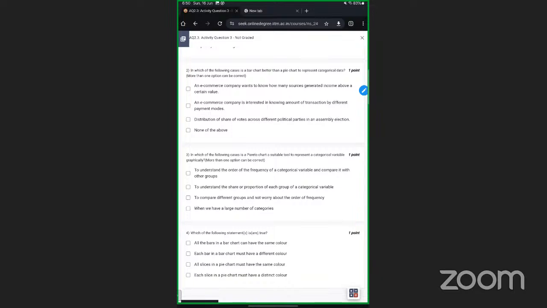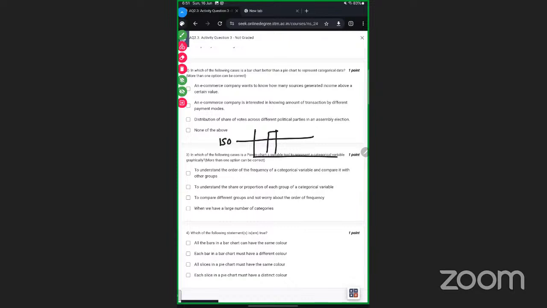Okay, but I need to explain, right? An e-commerce company wants to know how many sources generated income above a certain value. So they can define that, let's say 150 or something.